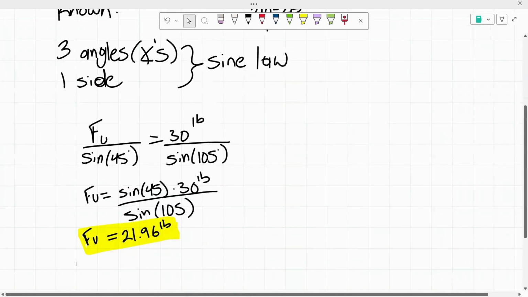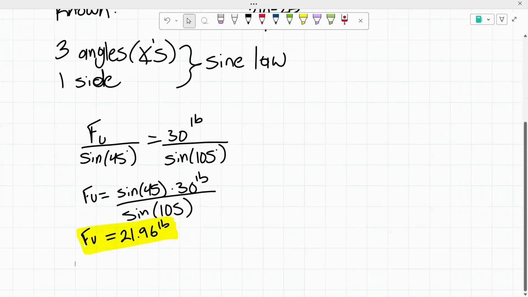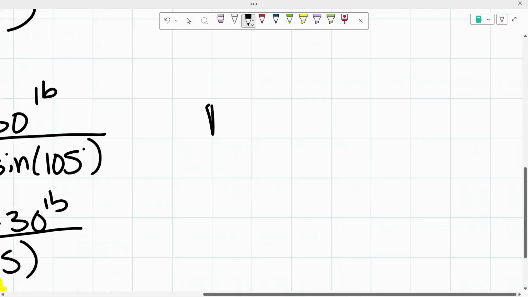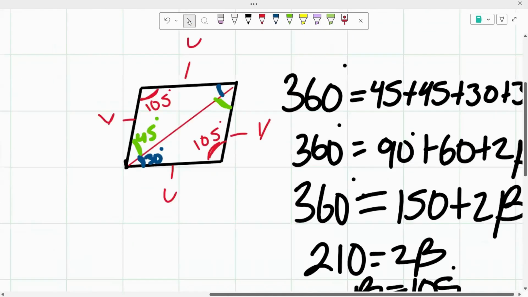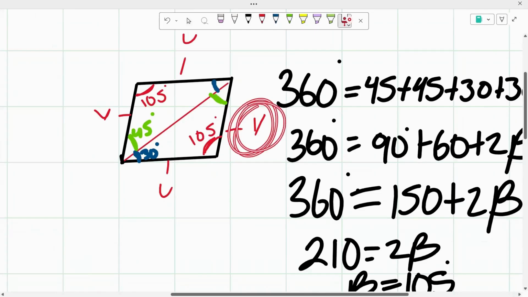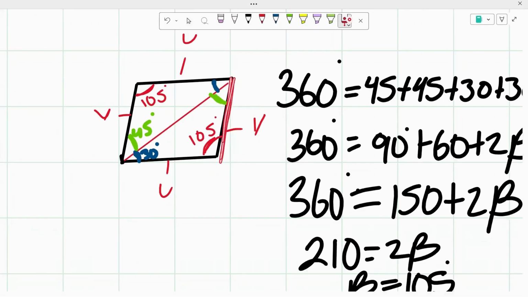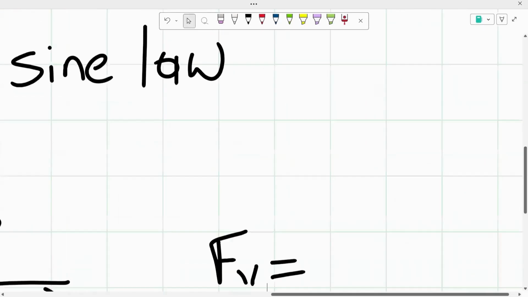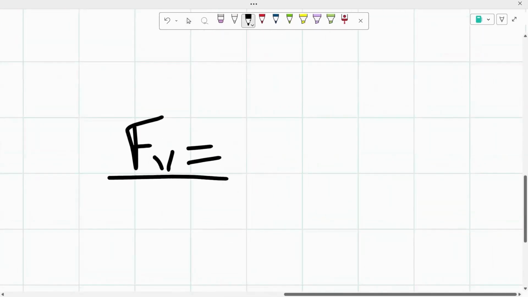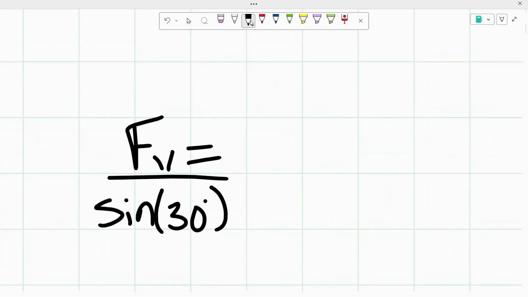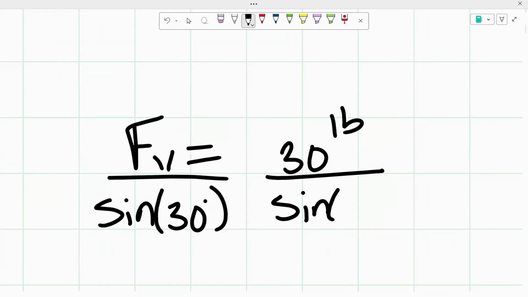And we're going to do the exact same thing for our v component. So off here to the side, we're going to do F of v. And we're going to come back to our little figure. F of v is this one right here. So it's this side. And we're going to look at the opposite angle to it, which is the 30 degrees. So we have F of v over sine of 30 degrees. And then again, we're going to use our resultant force and its opposite angle, which was 30 pounds over sine of 105.